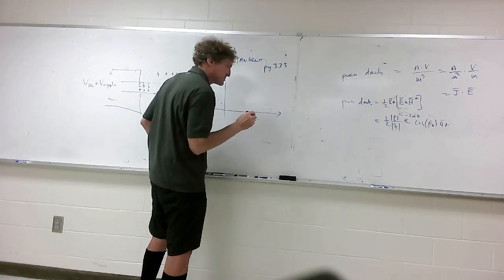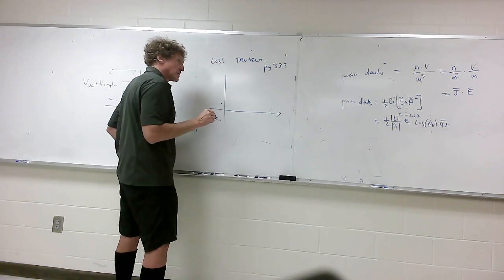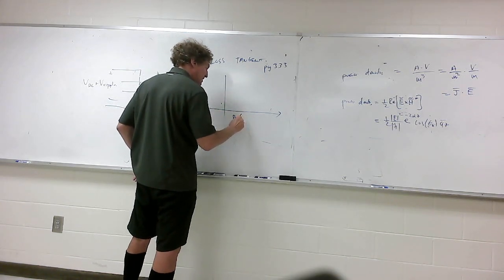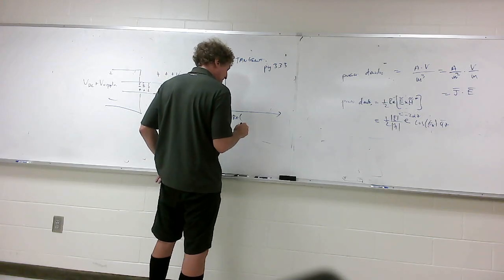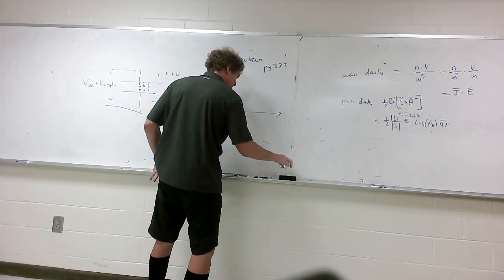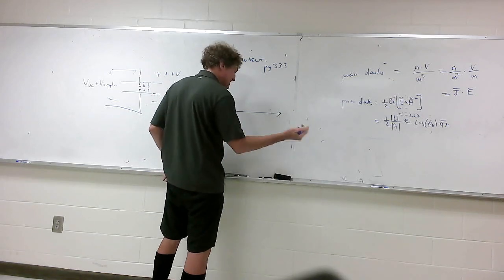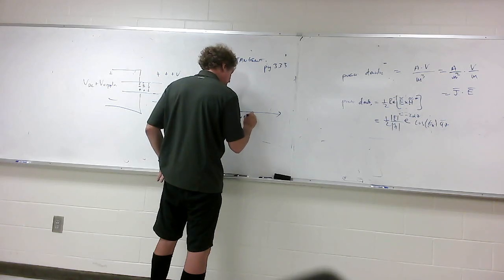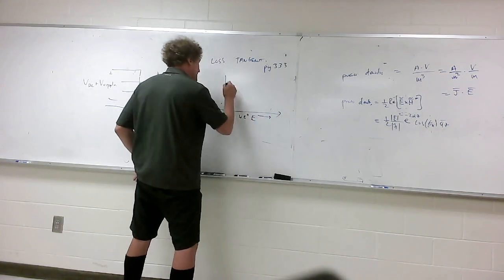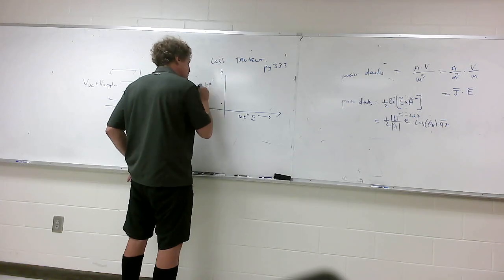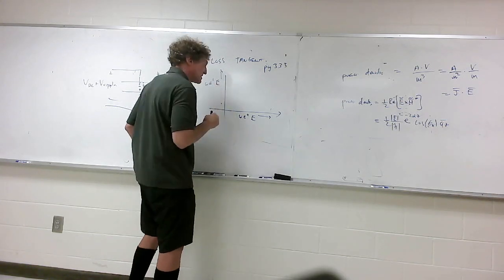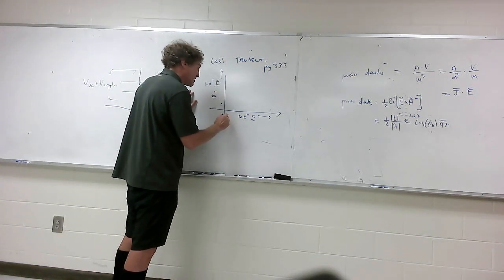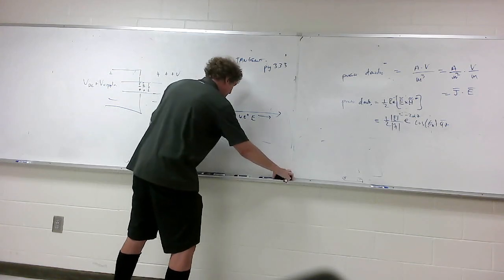Whitmer's book. Now here's what they do typically. They're going to plot, and they'll pull out the real part of what they're going to do down here, which is epsilon double prime. Let me put it this way. This is a real part where it's like the sigma E term. They'll have omega epsilon double prime times E on this axis, and on this axis, they're going to have omega epsilon prime times E. Now, if you look at this, what it really is a plot of epsilon double prime and epsilon prime.